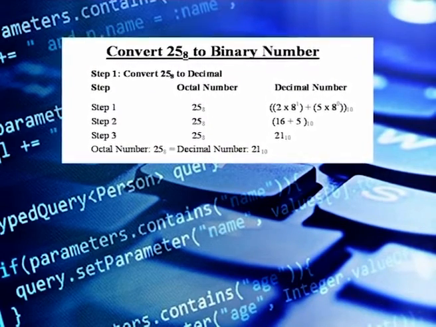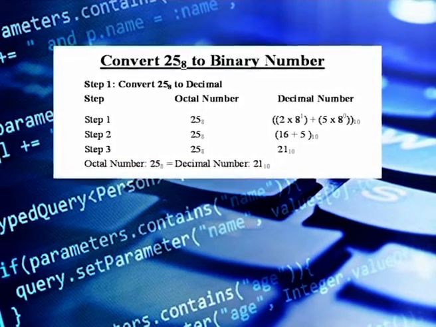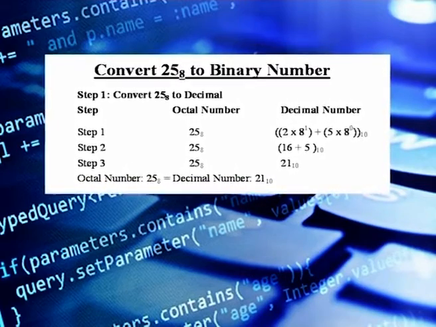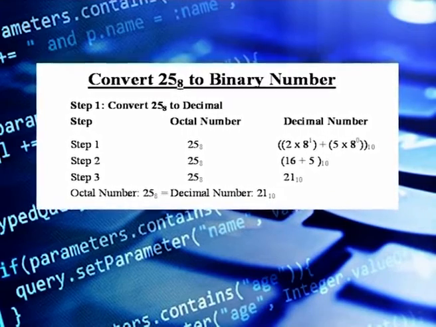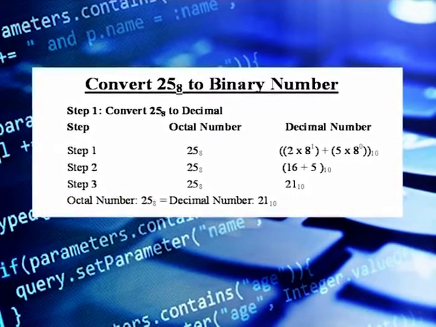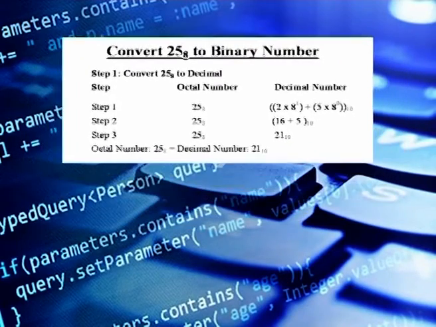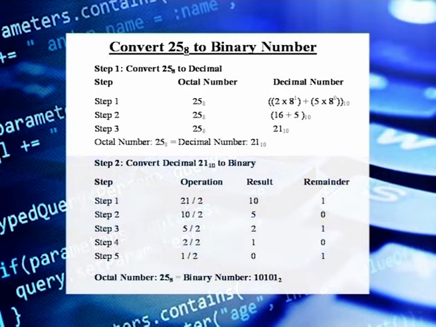Here, as we can see, first of all, we convert the given octal number 25 with base 8 to decimal number by multiplying the digits of octal number with the powers of 8 and then adding the terms. We get 21 with base 10 as the decimal number. Now, we need to convert 21 into binary number.